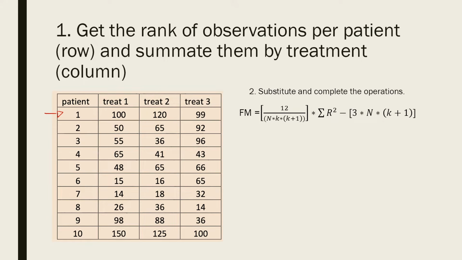Let's start with patient number 1. Since 99 is the lowest, I'm going to assign rank number 1. And then for patient number 1, ang sumunod po doon is 100, so that's 2. 120 is 3. And then you have 50, 65, 92. You have 36, 55, and 96. You have 41, 43, 65.